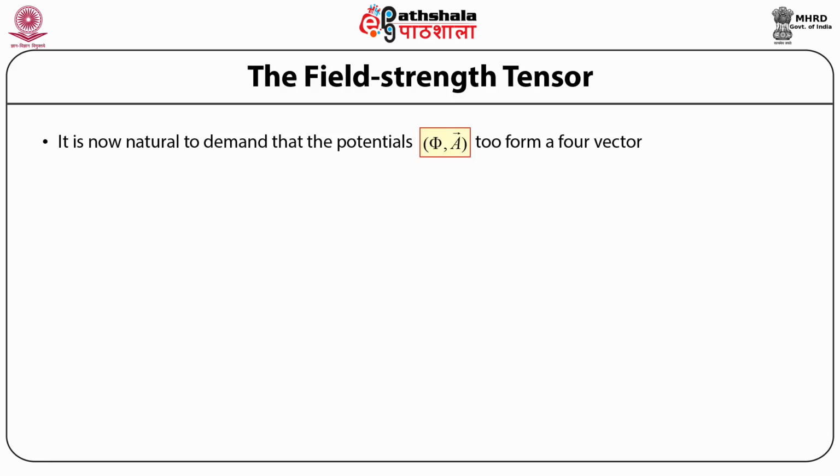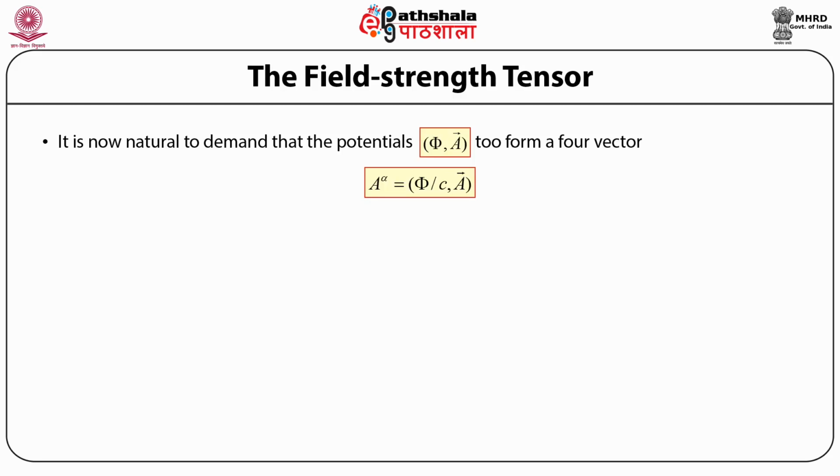So the 4 vector which represents the scalar and the vector potential is written as A superscript alpha is equal to φ by c and vector A, where φ is the scalar potential, c is the speed of light, and the vector A represents the vector potential.